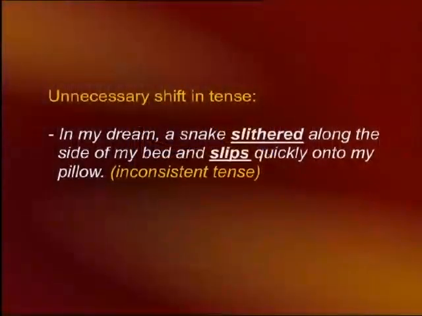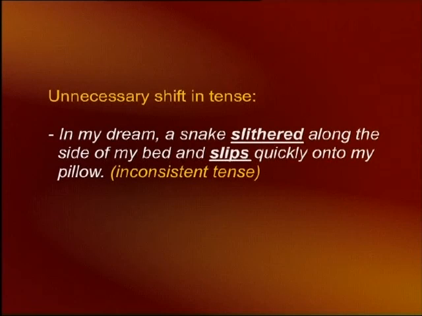Now, when you write, you must avoid unnecessary shifts in tense. For example, if you are writing something with the action in the past tense, don't suddenly shift to the present for no reason. Look at the example that you have on your screen.